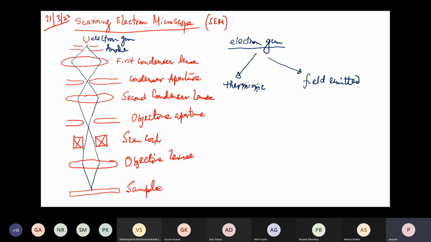In field emission you don't apply any temperature. What you do is apply a high electric field, and these guns are very tiny.